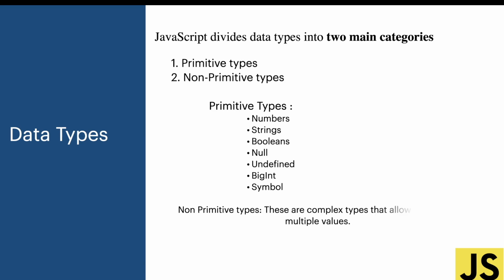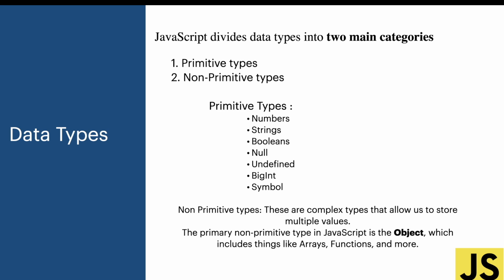Non-primitive types are the complex types that allow us to store multiple values. The primary non-primitive type in JavaScript is the object. This includes arrays, functions, classes, and many more. Hence, in JavaScript, we have 8 types: 7 primitive types, and objects.